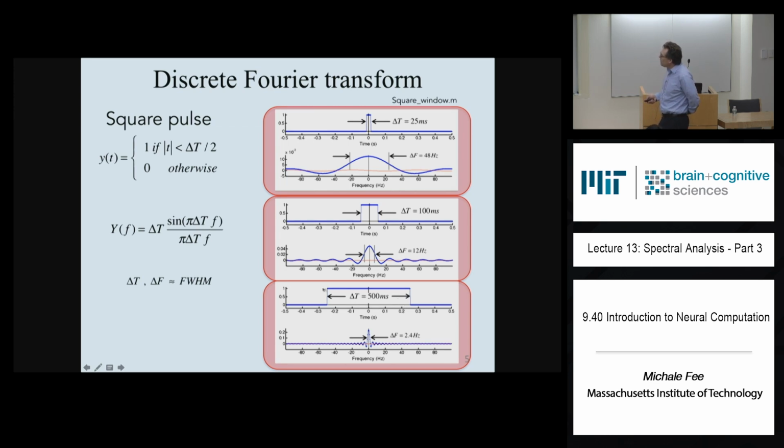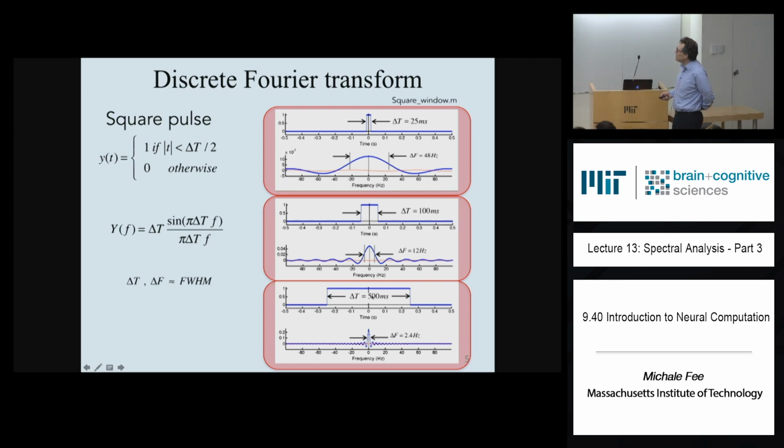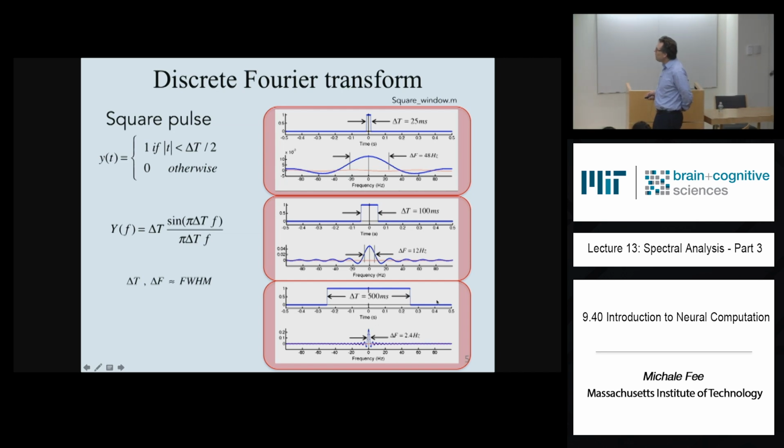If we have a square pulse that's 5 times as long, 500 milliseconds long, the Fourier transform is the sinc function again, but it has a central lobe width of 2.4 hertz. So you can see that the longer the pulse, the narrower the structure in the frequency domain.